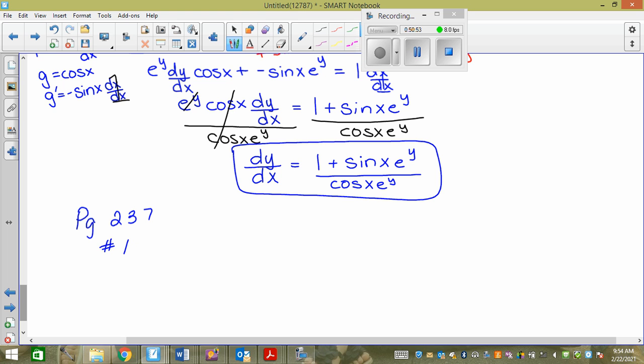So numbers 15, 17, and 53. And then page AP, numbers 1, 3, 5, 8, and 10.